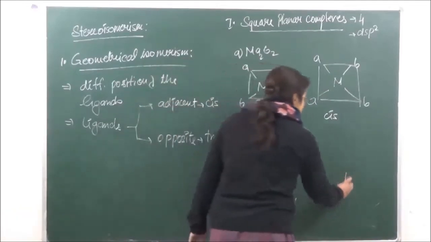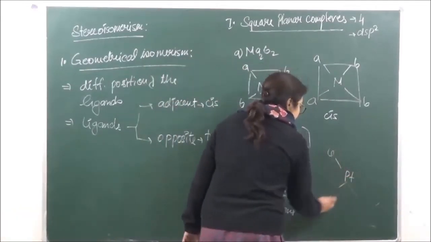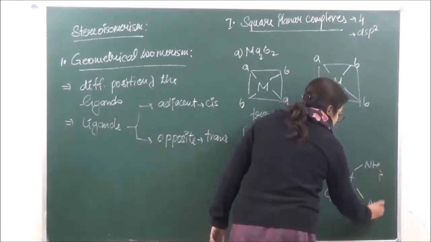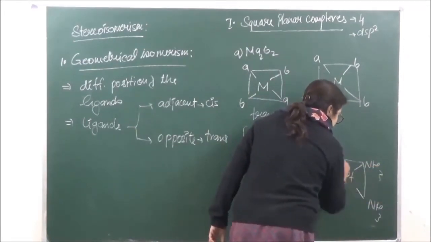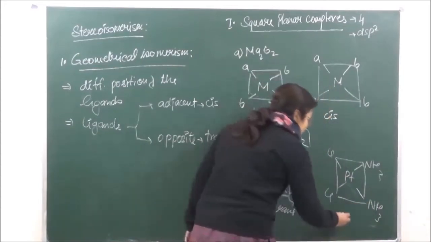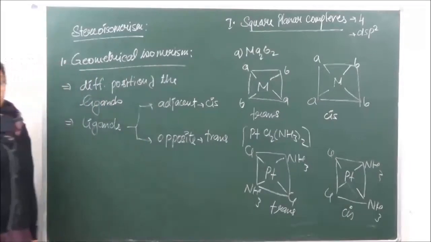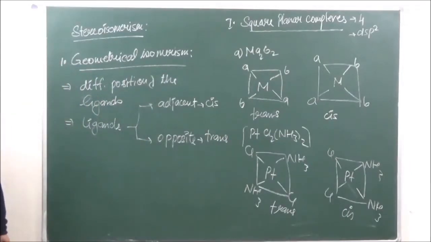And if the chlorines are placed adjacent to each other, these are known as cis isomers. Okay? So if chlorines are adjacent they are cis, and if chlorines are opposite they are trans.